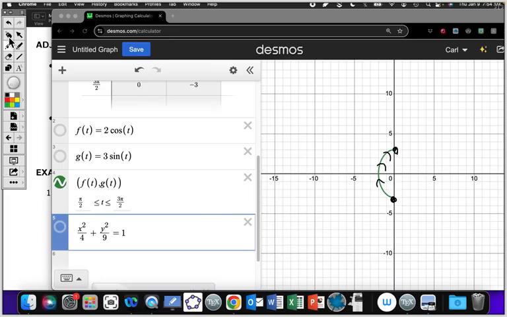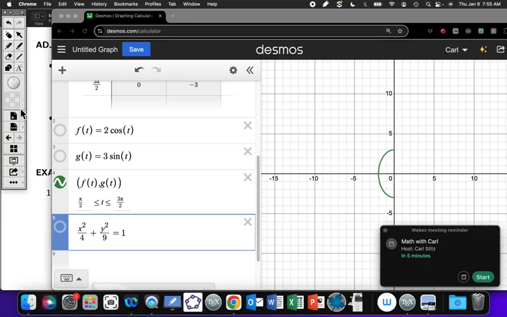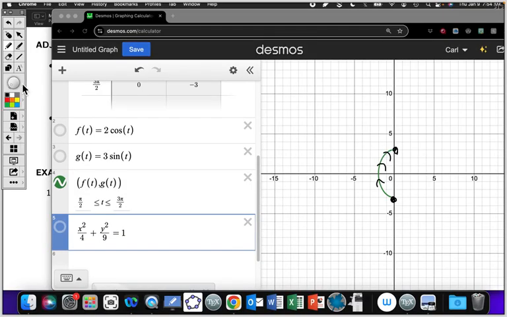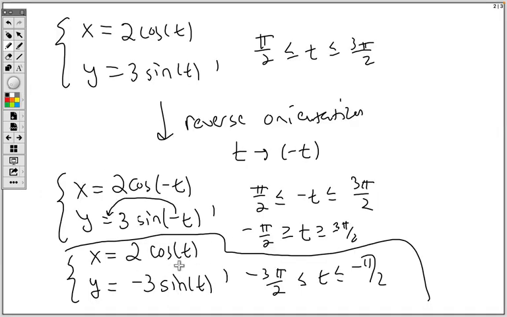All right. Well, what if you wanted to do a time delay then? Let's say I've got it going the right orientation, but now I want it to start at t equals 0. So how can we adjust that?